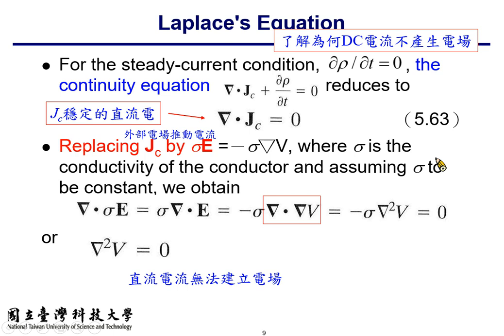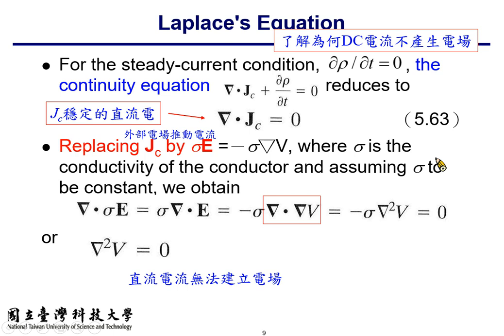Sigma is the conductivity. So in a conductor, if you apply an electrical field onto it, then you will move the free charges to form the so-called current.